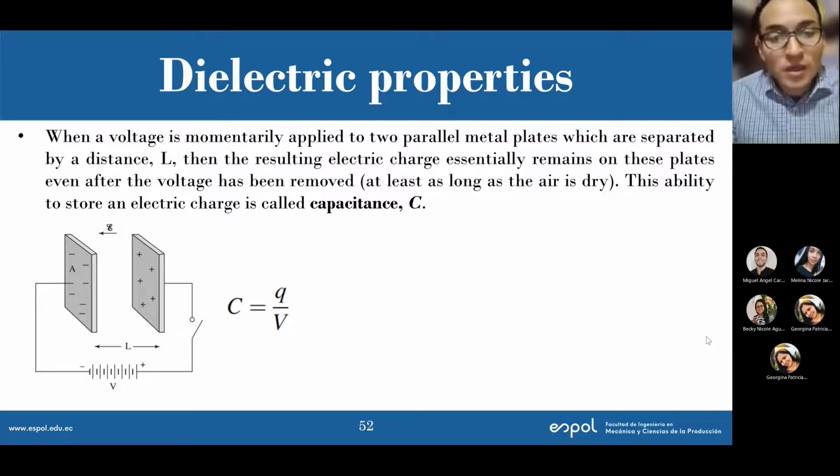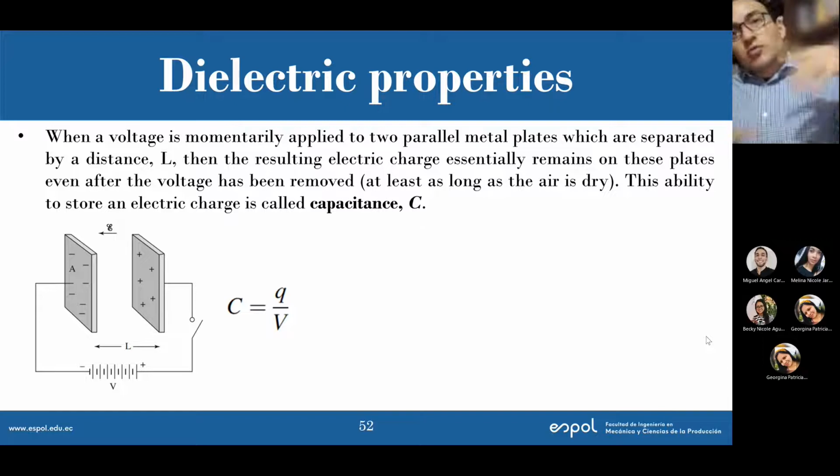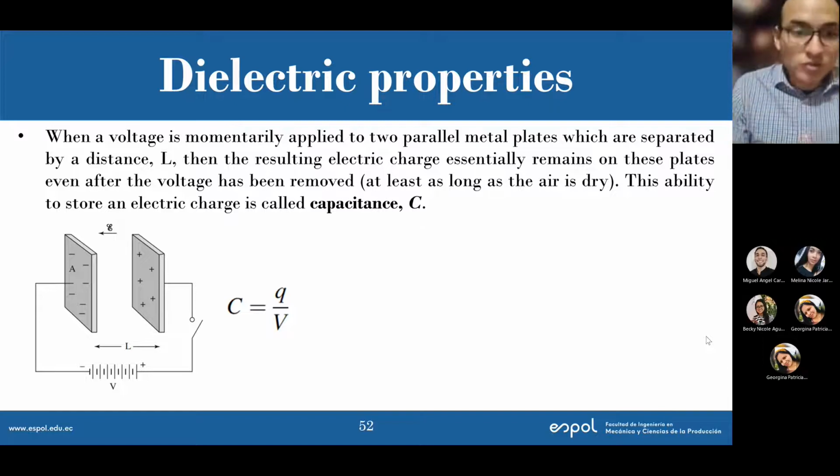So the ability to store an electric charge is called the capacitance, right? And I'm sure you've learned that from your previous courses. So the capacitance is basically defined as the charge Q per unit applied voltage.